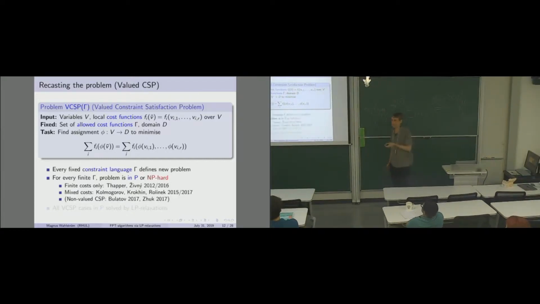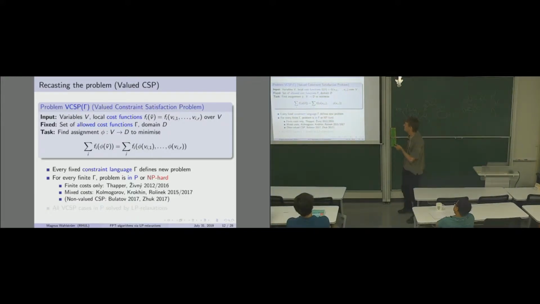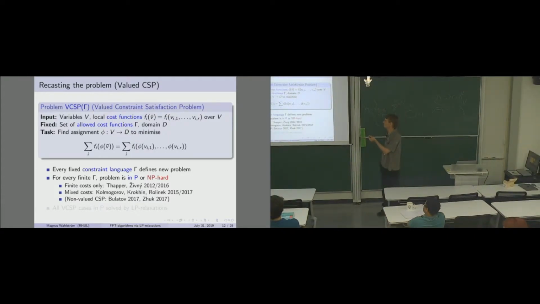The problem description is not difficult, maybe abstract, but for every fixed language gamma, you get a different problem. Formally, just which types of functions am I allowing here?